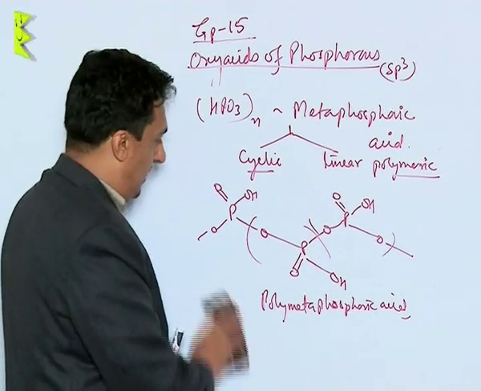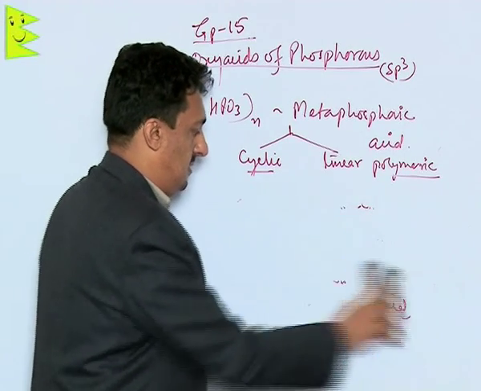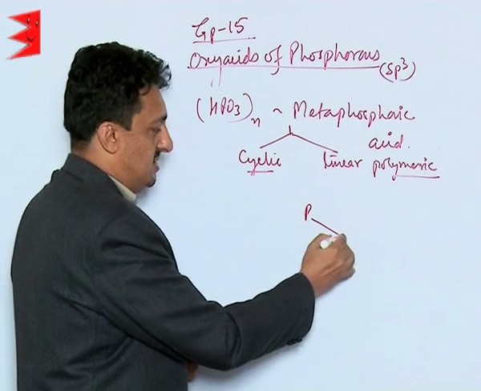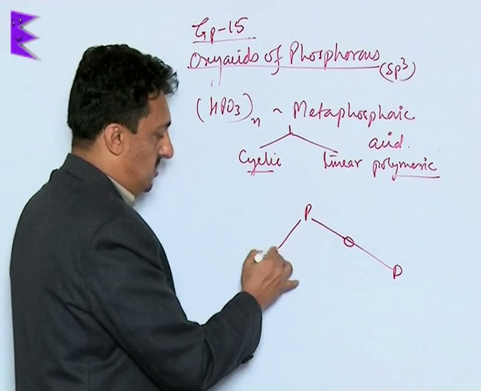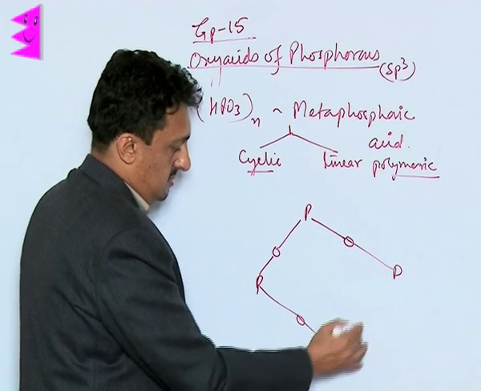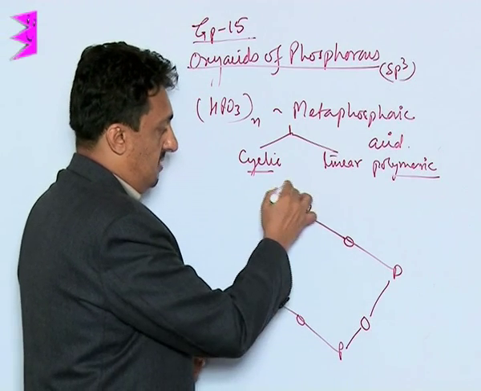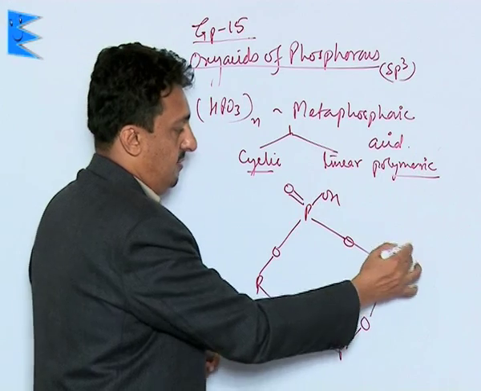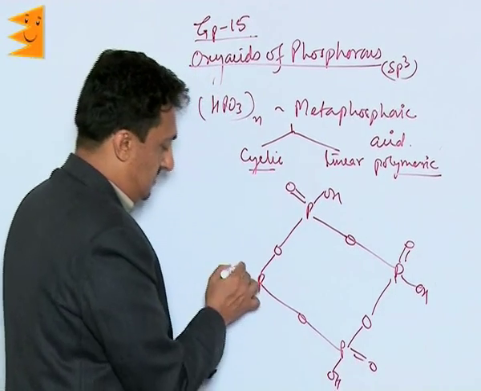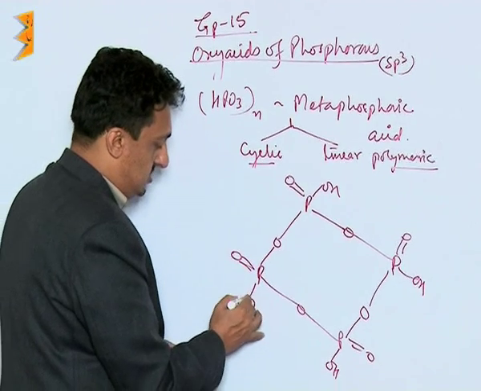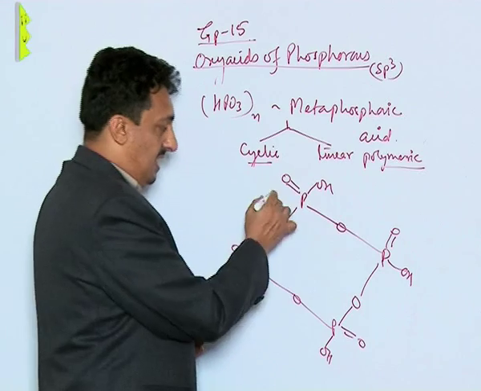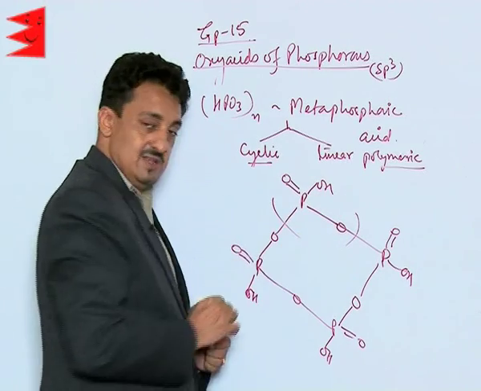In a very similar way, if it is forming a cyclic structure like this one, in which we have double bonded oxygen, OH, double bonded oxygen, OH, double bonded oxygen, OH, double bonded oxygen and OH. Again from here to here, this is one unit.